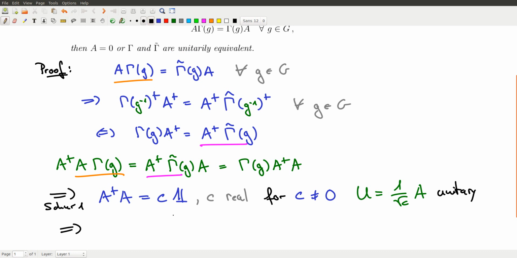Then it follows that, let's say, multiply this equation with U dagger from the right. Then we have U gamma of G U dagger is equal to gamma tilde of G. So they are unitarily equivalent.